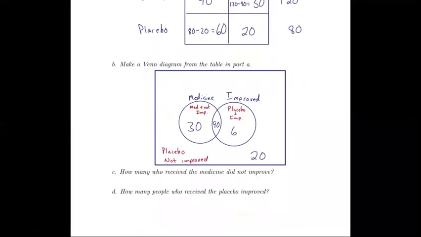Now, what we don't need to do is anything written in red here. These little bits are not necessary in the answer. That's just for the viewer or the reader to see, so you'll understand what those four distinct regions actually are. Of course, the intersection right here is medicine and improved because it's in both of those sets.